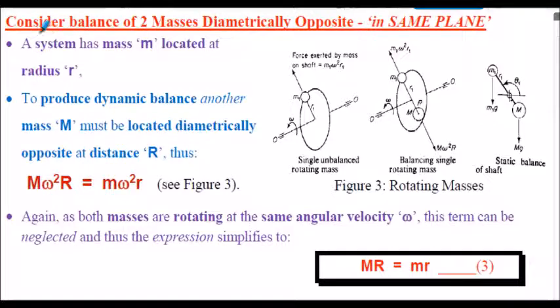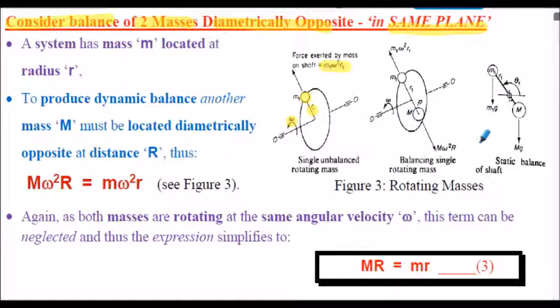We're going to start by considering a dynamic balance of just two masses, diametrically opposite each other, again in the same plane. In our diagram, we've got a mass originally, at some radius, so it's obviously out of balance. When it rotates, you'll feel this centrifugal force acting outwards.